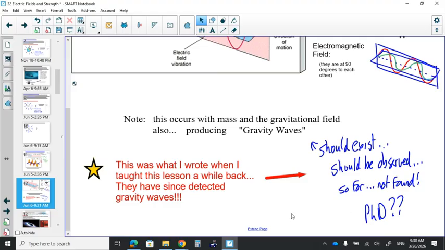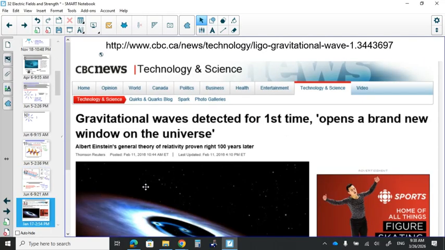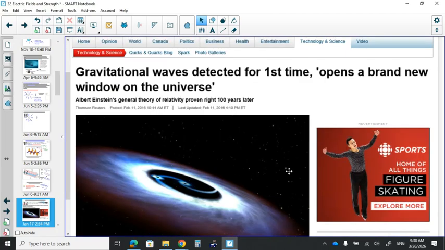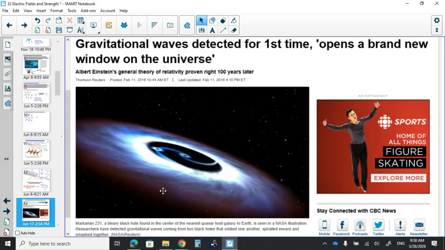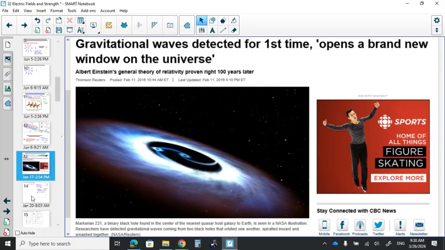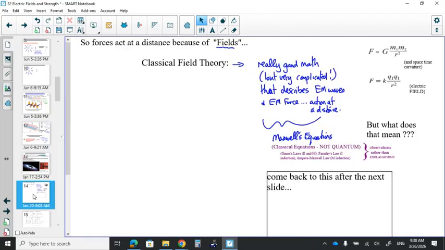I don't think it was one of my students, but it could have been. It's something that was thought to exist and then eventually discovered. That was discovered in 2015 or 2016. They actually observed the first gravitational waves. So look up the LIGO detector for how that worked. It's pretty cool.